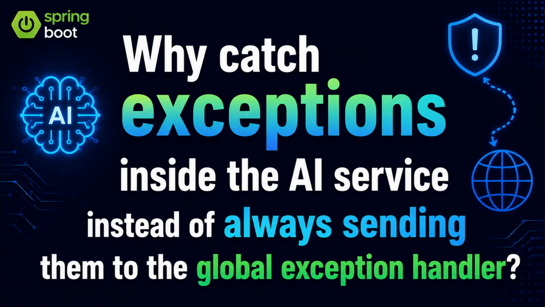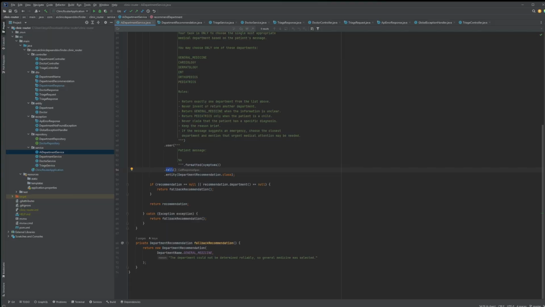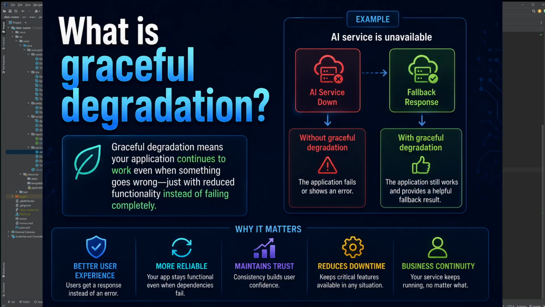Why catch exceptions inside the AI service instead of always sending them to the global exception handler? In this project, AI failure is treated as a recoverable business condition. The application can continue using a safe fallback. So I intentionally handle the failure locally.